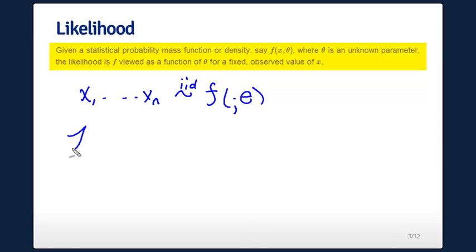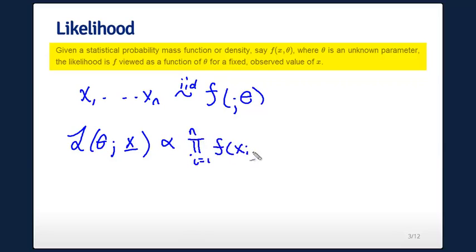So the likelihood of theta given the data x, let me just write x with a little underscore underneath it to denote the full data set, is, and I'm going to write this symbol to mean proportional to, the product i equal 1 to n f of xi and theta. And the product, we take the product here because the data is independent.